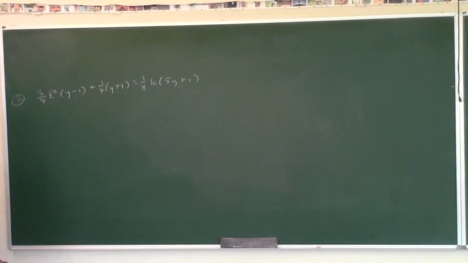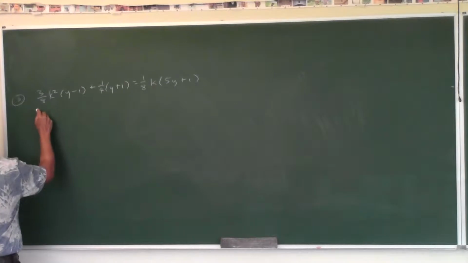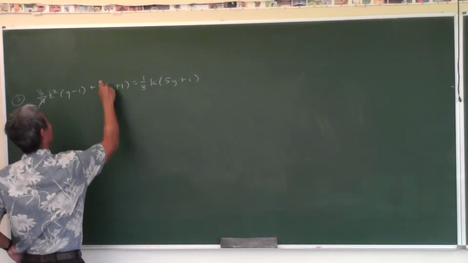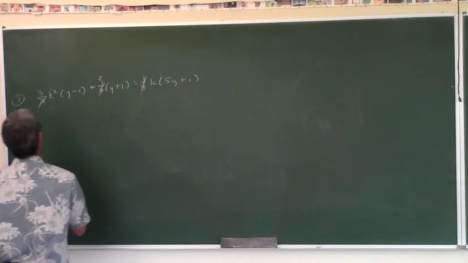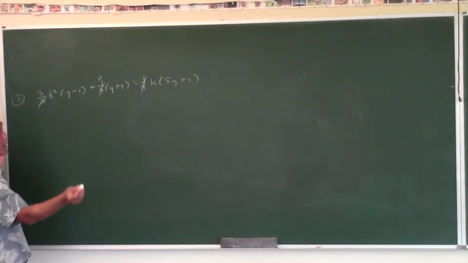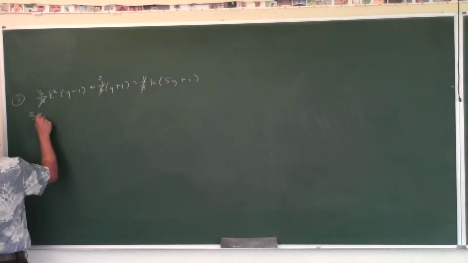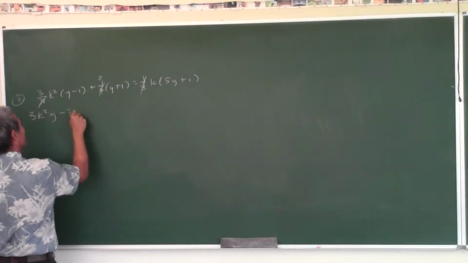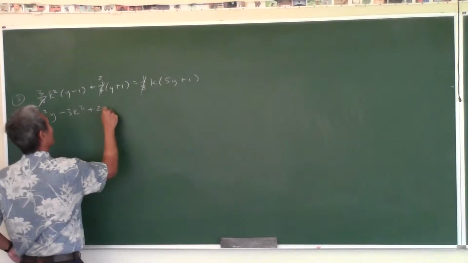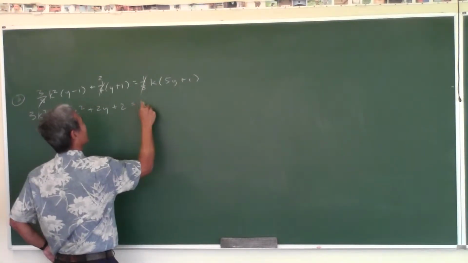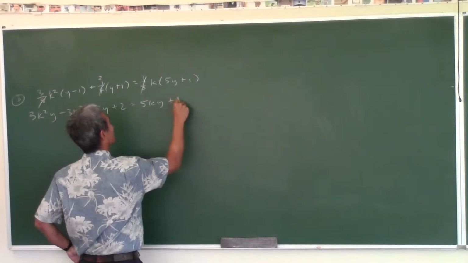First thing, multiply both sides by the least common denominator to get rid of the fractions. So 8, this becomes 2, and that cancels out. Then multiply out everything: 3k squared y minus 3k squared plus 2y plus 2 is equal to 5ky plus k.